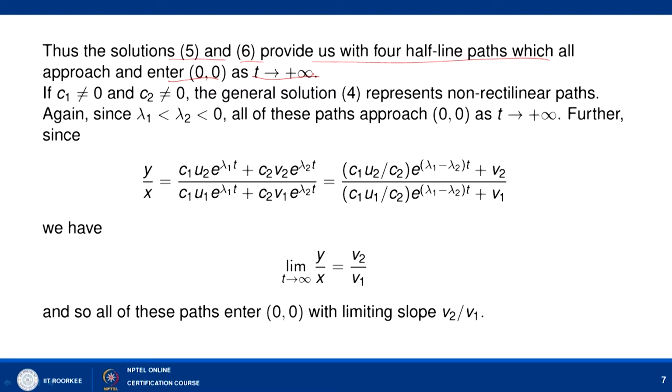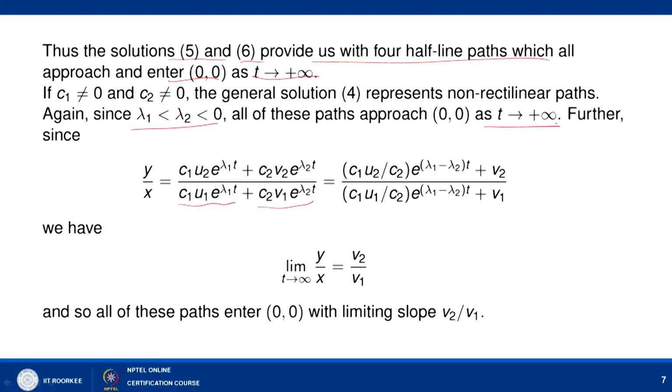If C1 and C2 are non-zero, then the general solution 4 represents a non-rectilinear path, where x is C1 u1 e to the power lambda 1 t plus C2 v1 e to the power lambda 2 t, and y is C1 u2 e to the power lambda 1 t plus C2 v2 e to the power lambda 2 t. Since lambda 1 is less than lambda 2 is less than 0, all of these paths approach 0 comma 0 as t tends to infinity, but not along the given half-line paths.